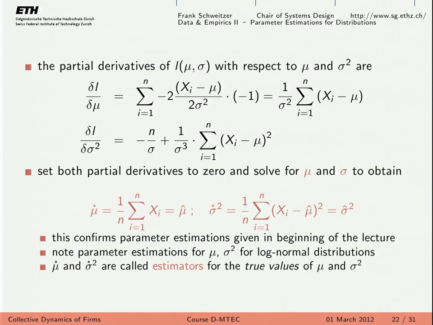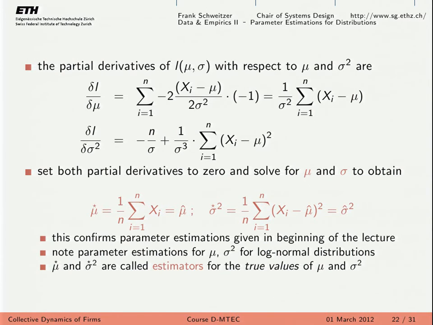Very easy to understand. And then the last step, we set this to 0 and solve. Then we have two equations which both depend on sigma and mu, and we have to solve two equations for two variables. I hope everyone is able to do this, right? And this is the result.